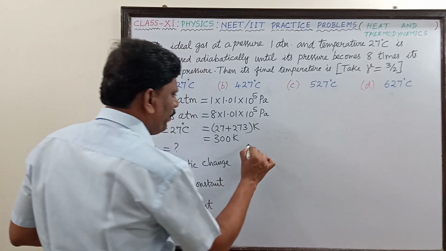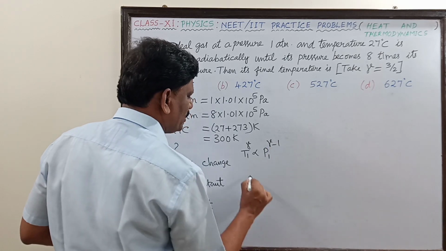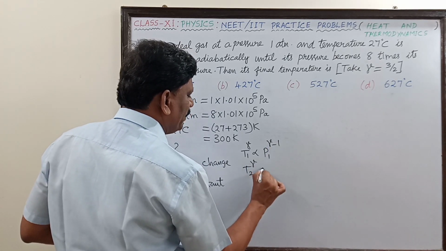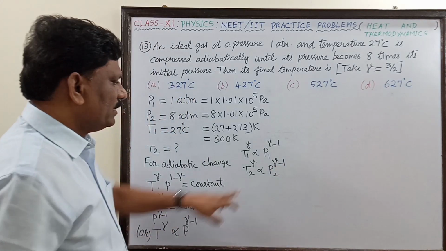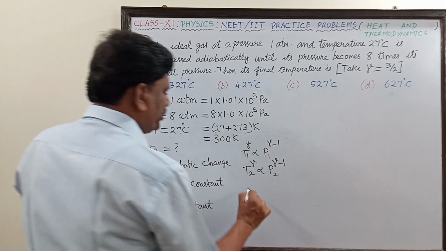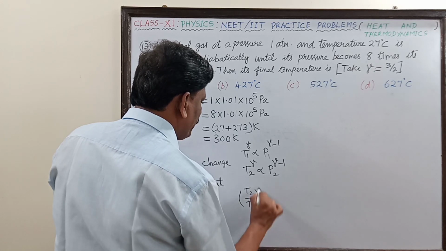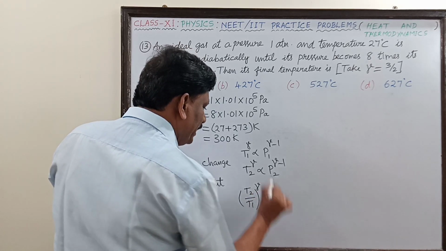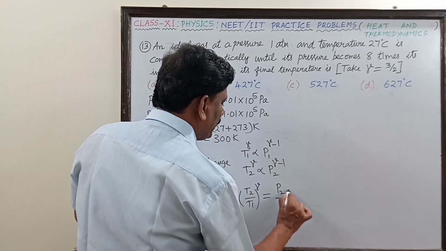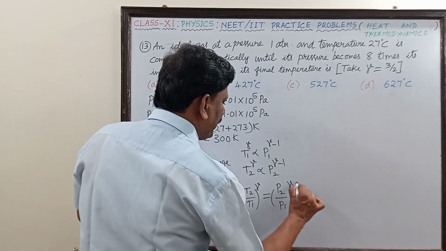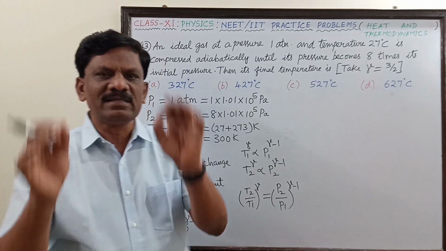So I can rewrite this once again like this. T1 power gamma is proportional to P1 raised to the power gamma minus 1, and T2 power gamma is proportional to P2 power gamma minus 1. Taking the ratio, T2 divided by T1 raised to the power gamma must be equal to P2 divided by P1 raised to the power gamma minus 1. Up to this the understanding is very simple.